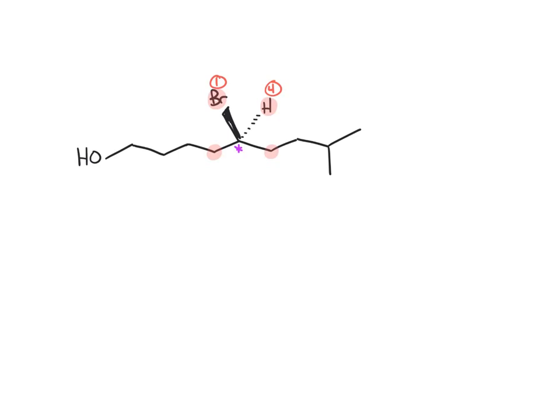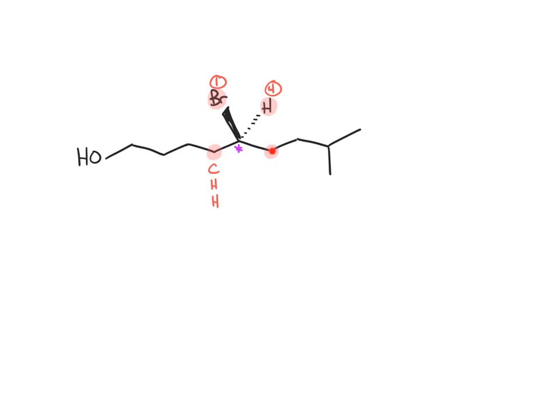So what we're going to do is, just like before, look at what's attached. Well, this carbon here, it's attached to the chiral center, which we're not going to count, but it's also attached to a carbon, a hydrogen, and a hydrogen. So let's write those down. Okay, now let's compare that to this carbon.